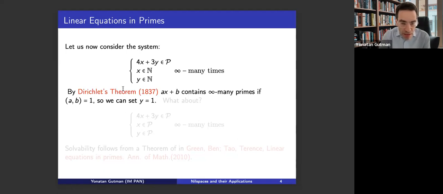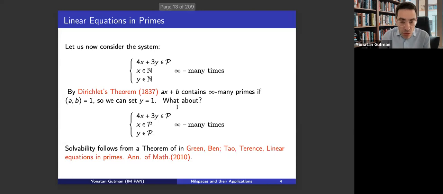So we can just set y equals 1, for example, and we get infinitely many solutions. Now, what about the following system: 4x plus 3y is a prime, x is a prime, and y is a prime. This of course seems much harder than the first system.